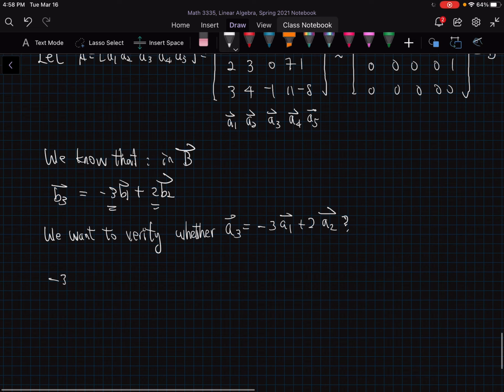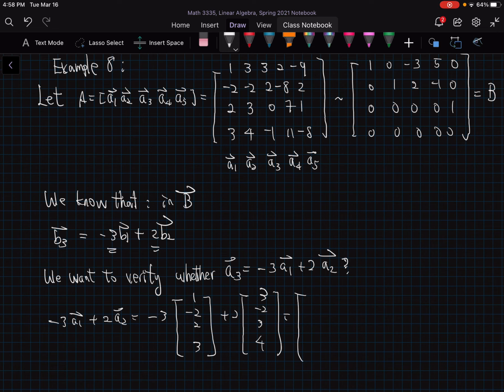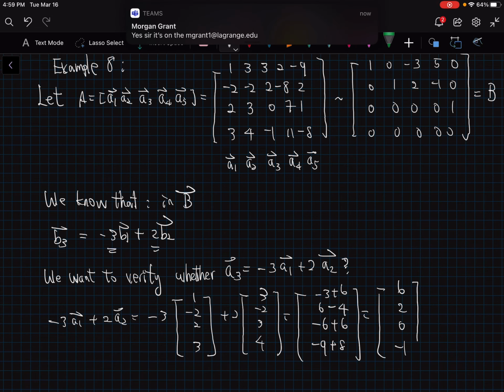So negative 3A1 plus 2A2 equals negative 3 times the first column, which is 1, negative 2, 2, and 3, plus 2A2, which is 3, negative 2, 3, and 4. Okay, add these two together. At the top we have negative 3 plus 6, then 6 minus 4, minus 6 plus 6, and then minus 9 plus 8, which gives 3, 2, 0, and negative 1.